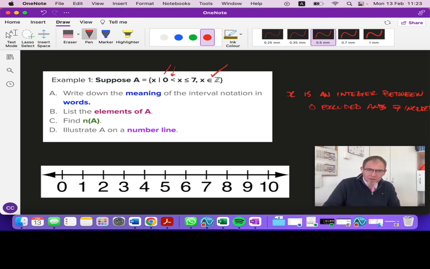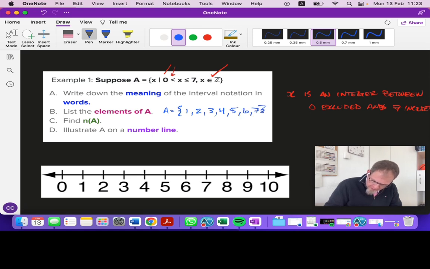If we want to list the elements of this, so the elements of A would be 1, 2, 3, 4, 5, 6, and 7. We don't include 0 because it says it's strictly greater than, and we're only including the integers, so the whole numbers in between 1 and 7, including 7.